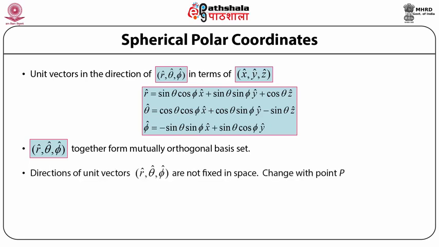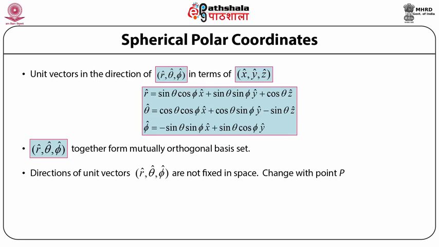The directions of unit vector r, unit vector theta and unit vector phi are not fixed in space, but change with the point P. For example, the direction of the unit vector r will always be along the line joining the origin to the point P. So if the point P changes, then this direction also changes.